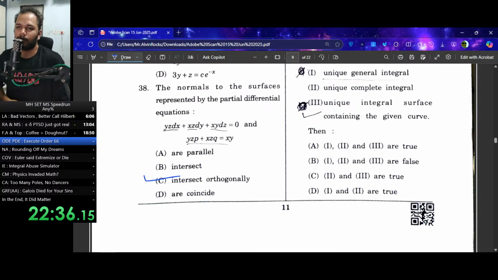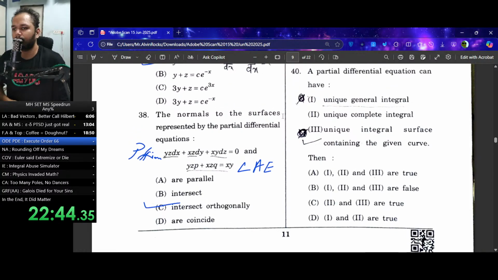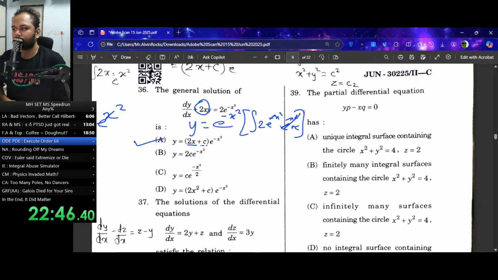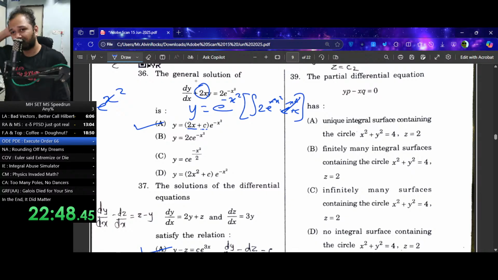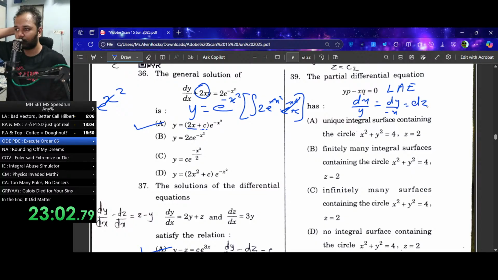Intersect orthogonally probably, because this looks like a Pfaffian and this is the Lagrange auxiliary equation. Okay, we can see the Lagrange auxiliary equation, that's dx upon y is equal to dy upon minus x.